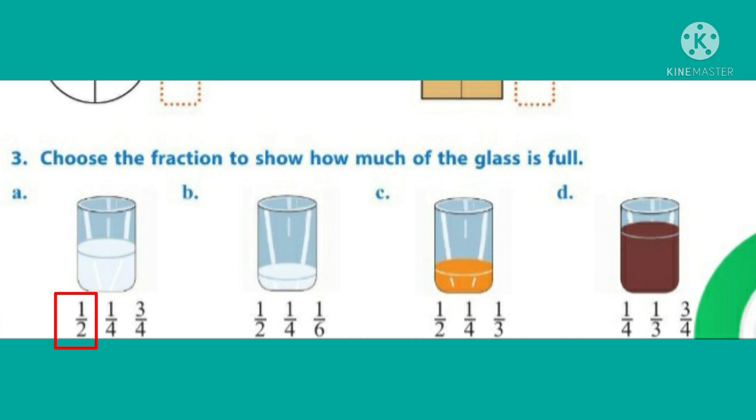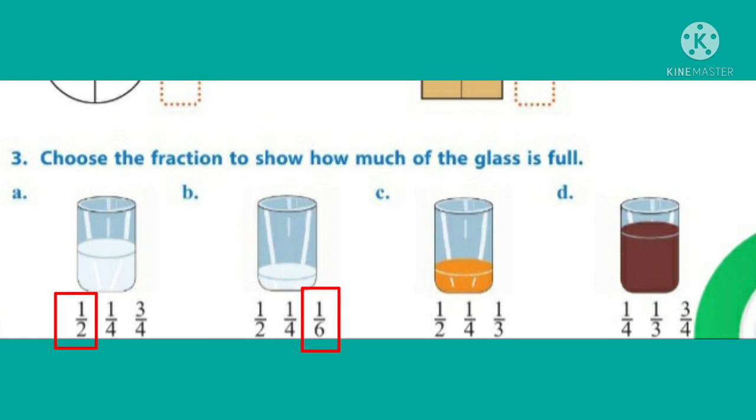No, it is less than that. So the answer will be 1 by 6. That is not 1 by 4. The answer is 1 by 6, which means 1 by 6th portion of the glass is full.